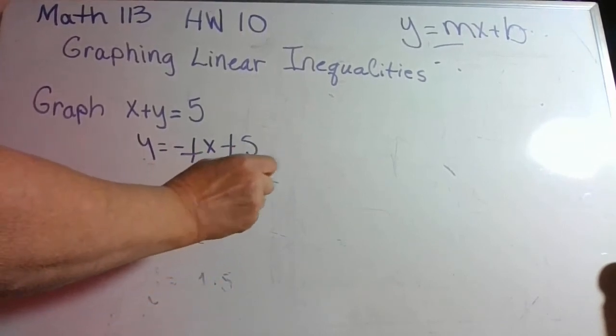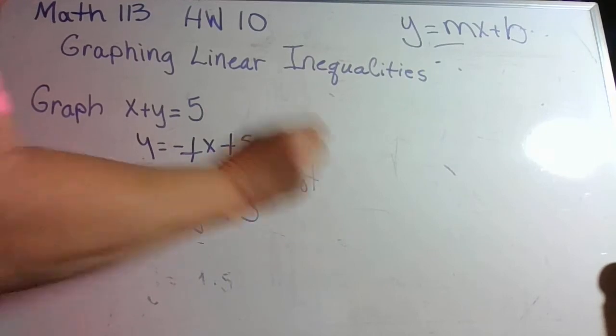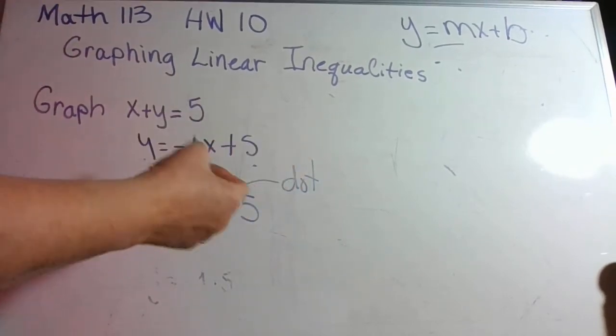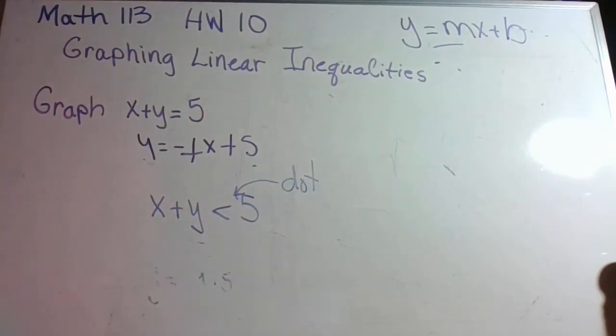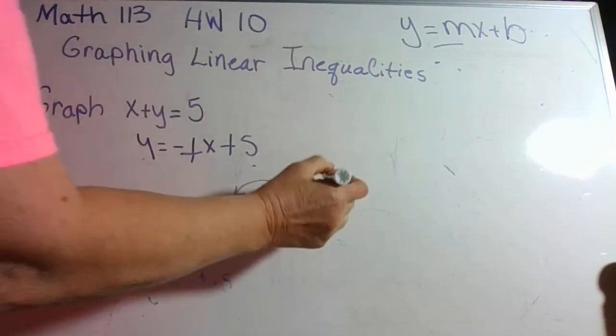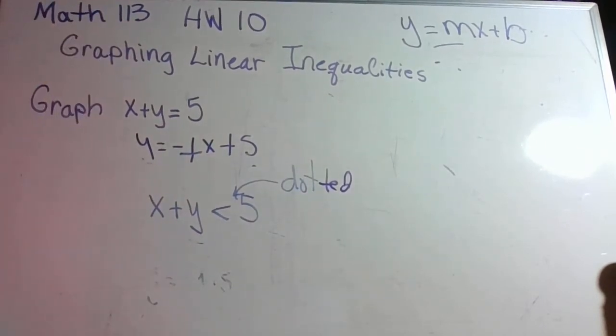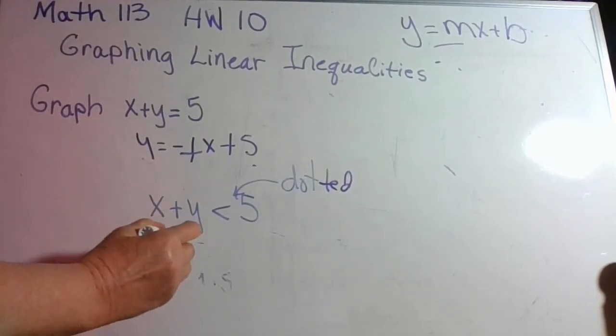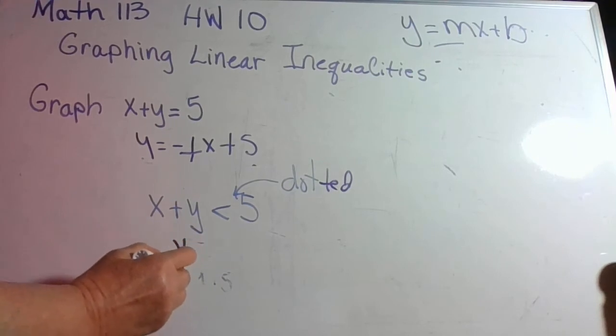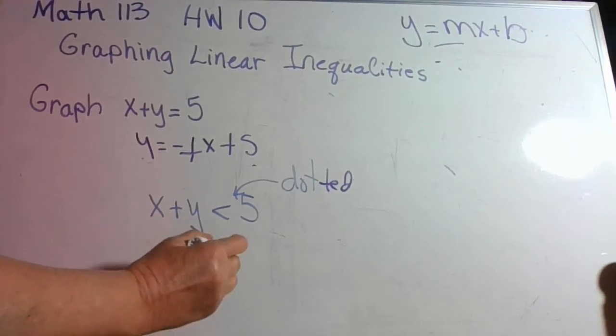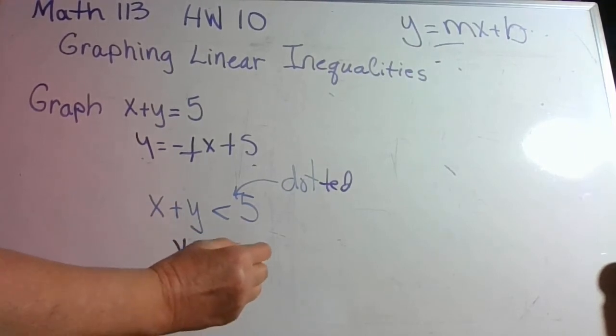This means I'm going to have a dotted line. I don't know if you can see that very well. Maybe I better use a darker one. You're going to have a dotted line. Okay, now, again, I'm going to solve for y is equal to negative x plus 5.